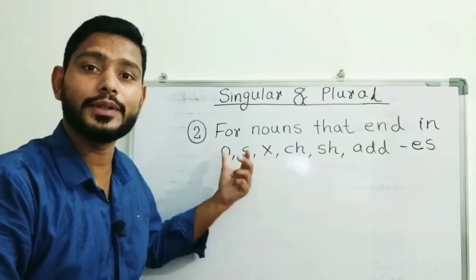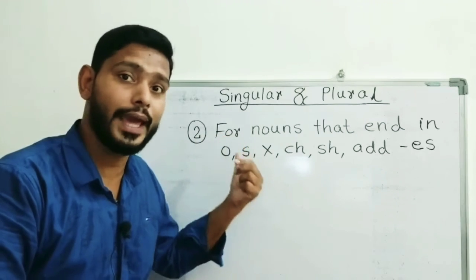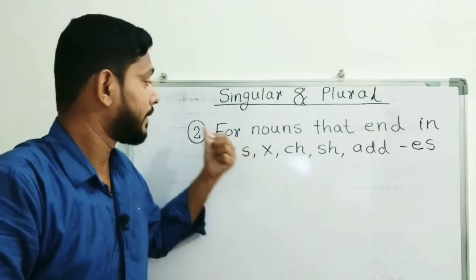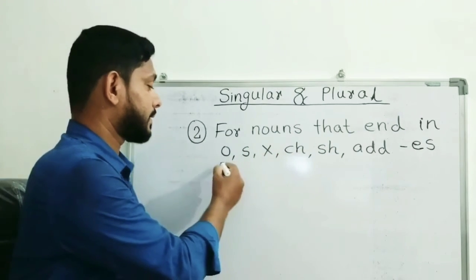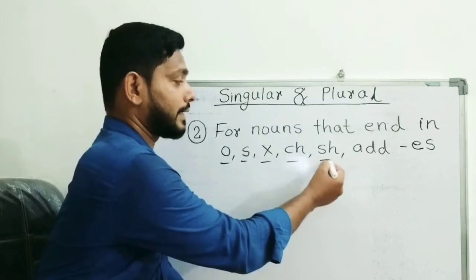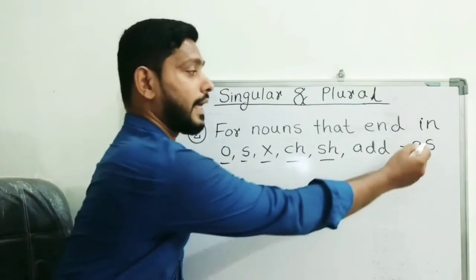So here is the second rule that you have to keep in your mind, if you are a language learner, if you are a beginner, then for nouns that end in o, s, x, ch or sh, we have to add es at the end of the word.